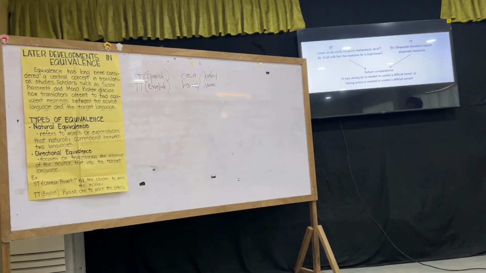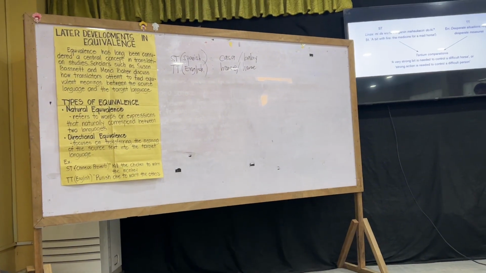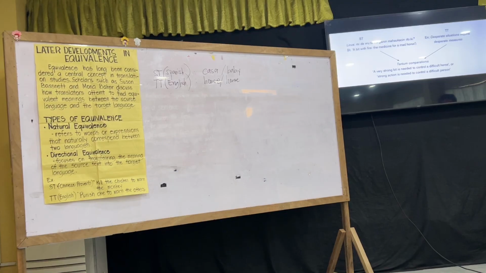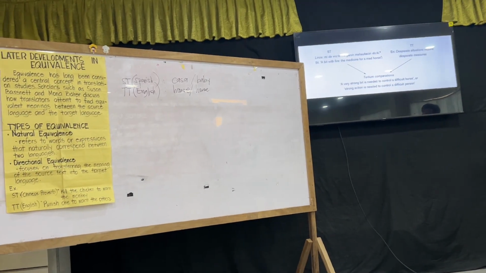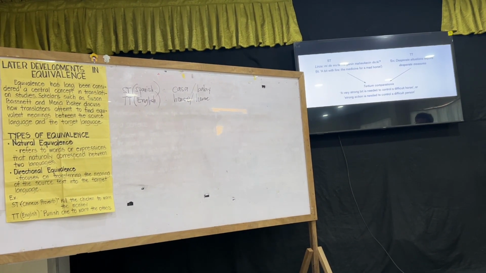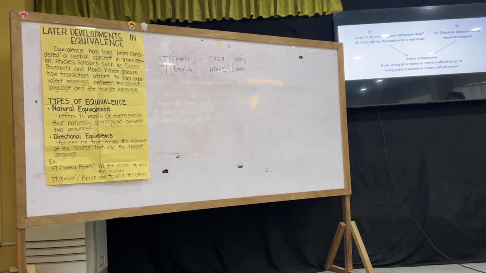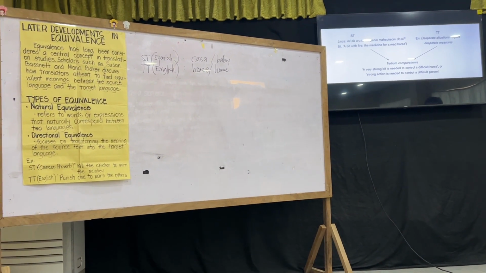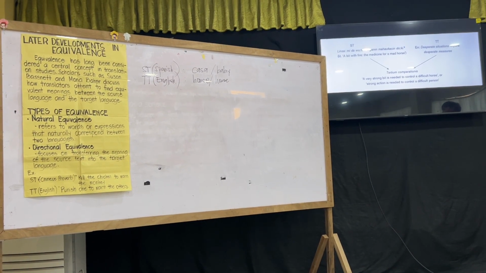The next one is directional equivalence. It focuses on the meaning. If natural equivalence focuses on words, directional equivalence focuses on meaning. For example, a Chinese proverb, translated literally into English: "Kill the chicken to warn the monkey."